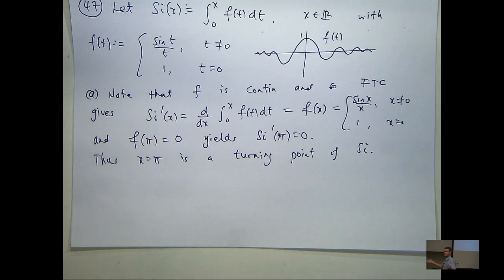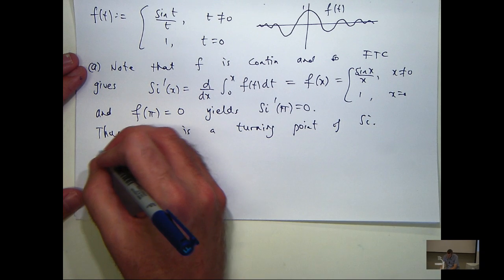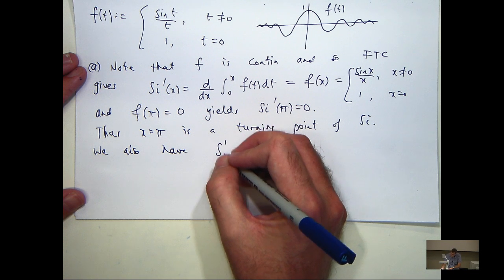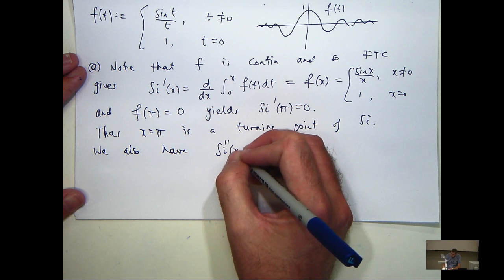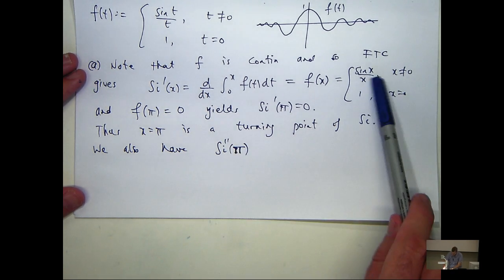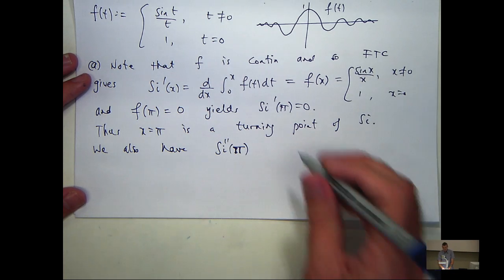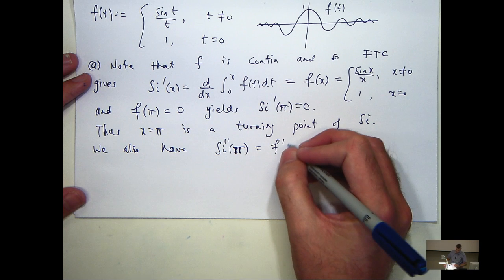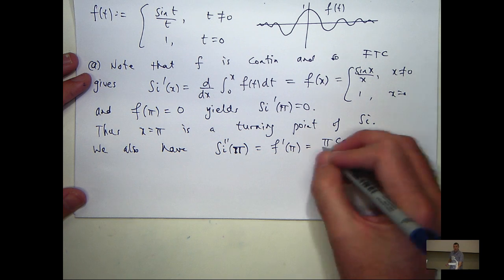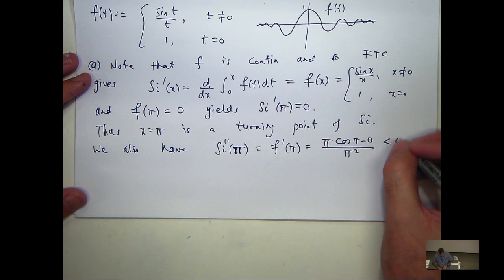Next thing is to classify the point, right? Is it a local min, a local max, point of inflection? Well, in this case, you can use a second derivative test. So if you take the second derivative, just from here, and plug in x equals pi, so this is the only one you're worried about, you'll get something like this. It's negative.